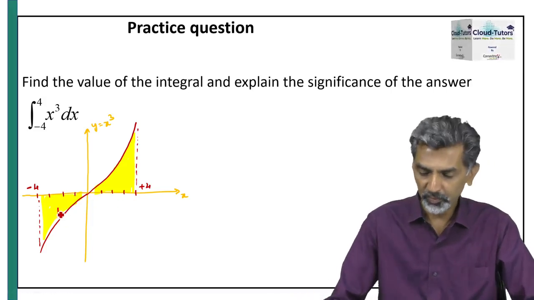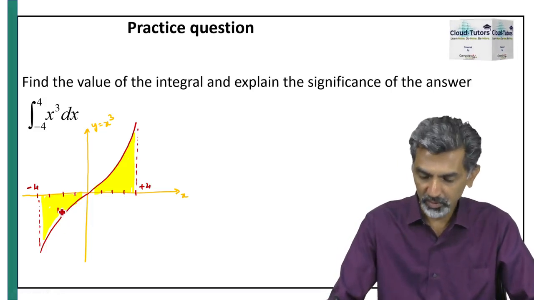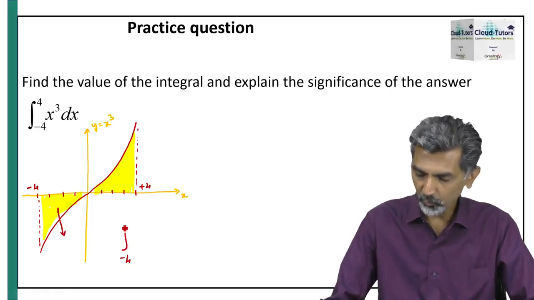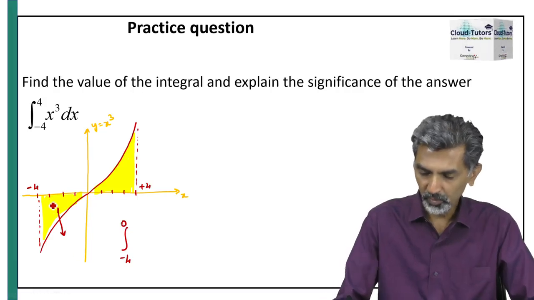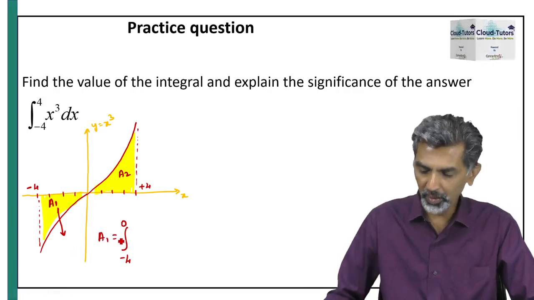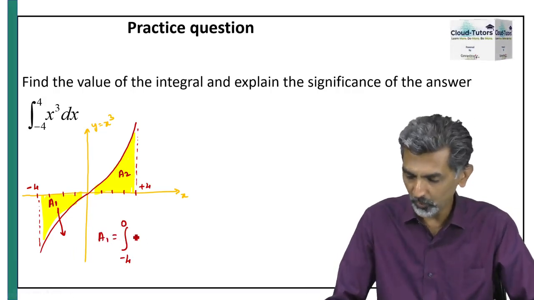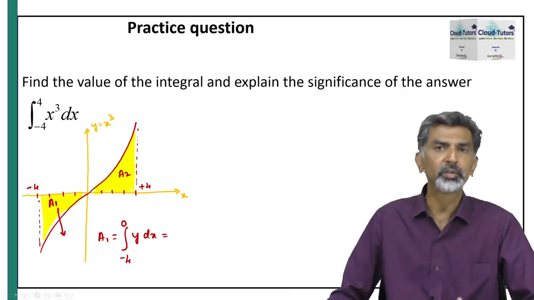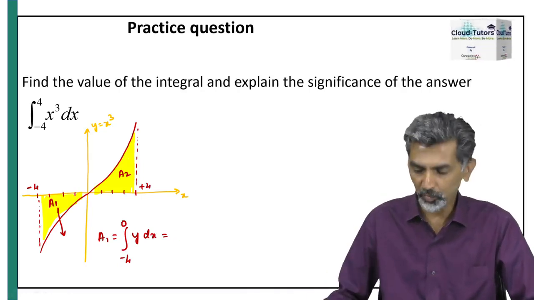What happens is, if the actual area here is 5, when you integrate it from -4 to 0, a1 and a2, if you call a1 as the integral from -4 to 0 of y dx, you will end up with a negative answer for all the reasons we have discussed before.